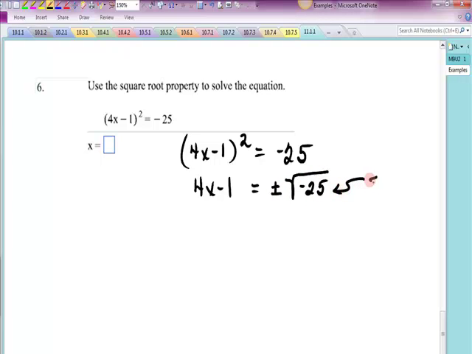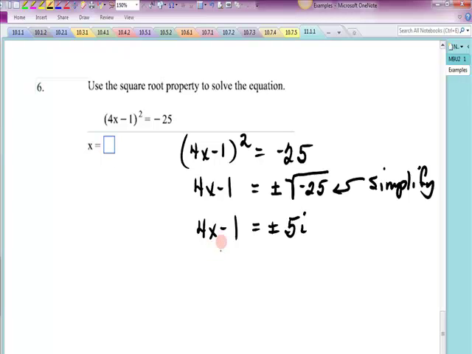And then I ask, can I simplify? The answer is yes. This is a negative radicand, which means this is plus or minus 5i. So I have 4x minus 1 is equal to positive and negative 5i. It is an imaginary quantity.